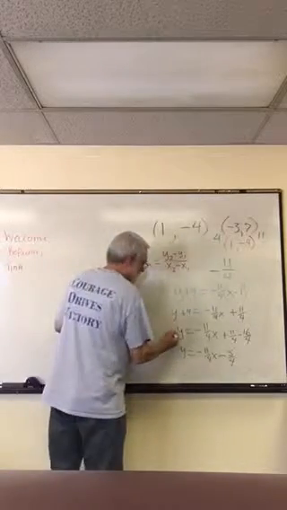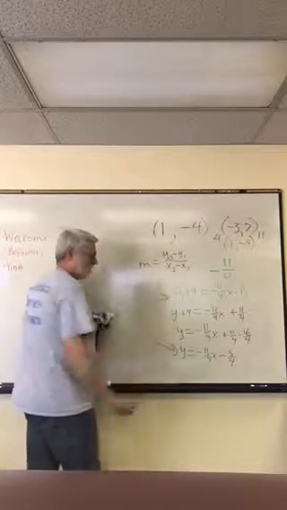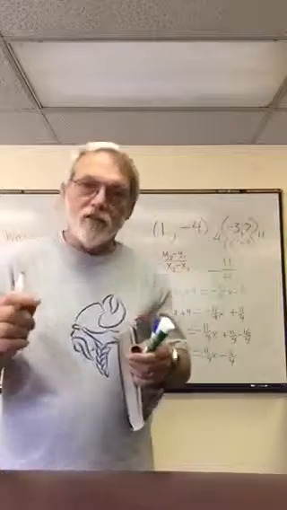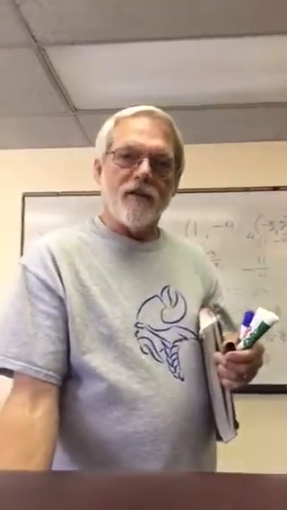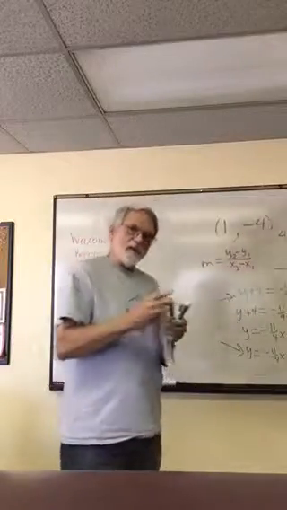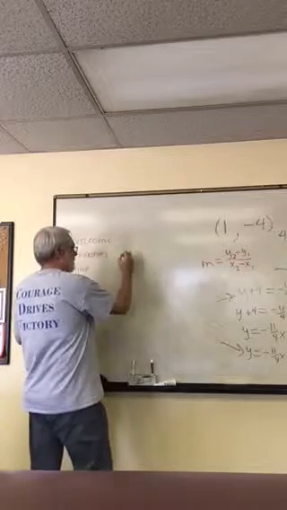Okay, are we done? Well, we've got 2 forms of the equation. We've got point-slope. We've got slope-intercept. But let's try to put it into standard form. So take a look over here. I'm going to take that same equation from slope-intercept.